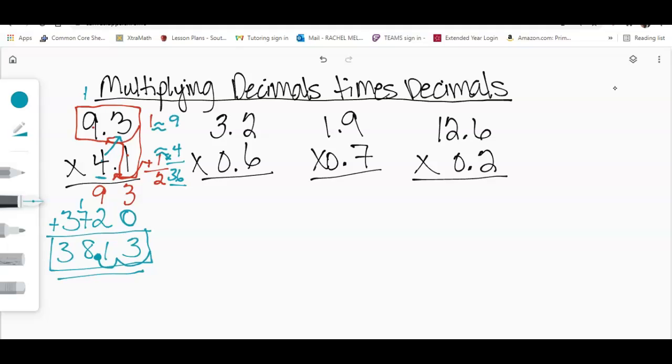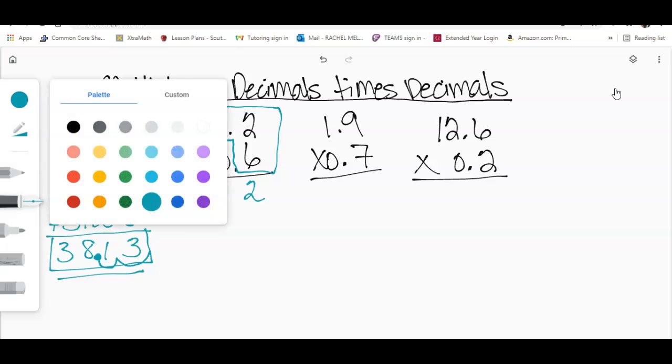Going over to this one. Remember, I do my ones first, which really for this one, I don't have to do anything with this 0. I just do like 32 times 6. So 6 times 2 is 12. 6 times 3 is 18 plus 1 is 19.